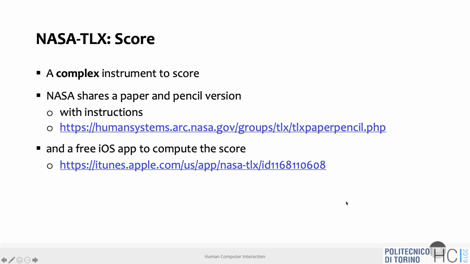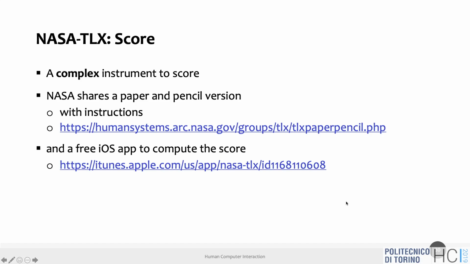And I will not put here how to compute the score of this, because it's quite complex. It's so complex that NASA shares both a free mobile application to compute the score automatically, and a series of paper and pencil versions with instructions on how to fill in the questionnaire and how to compute the score.